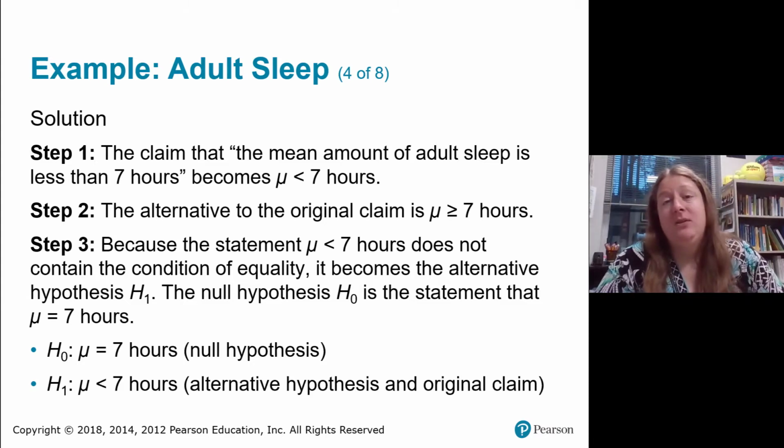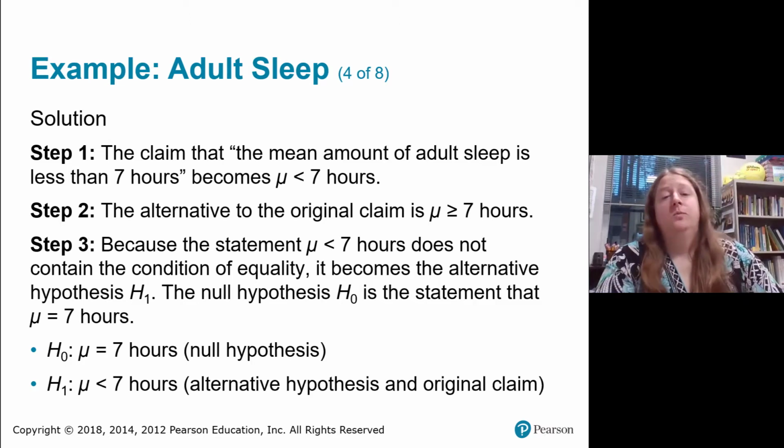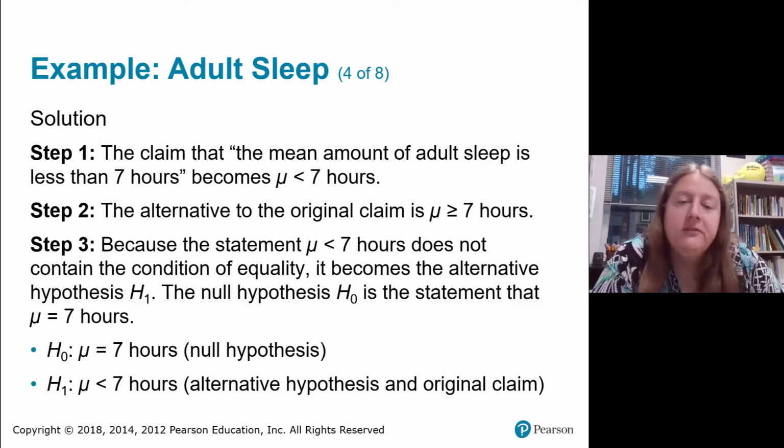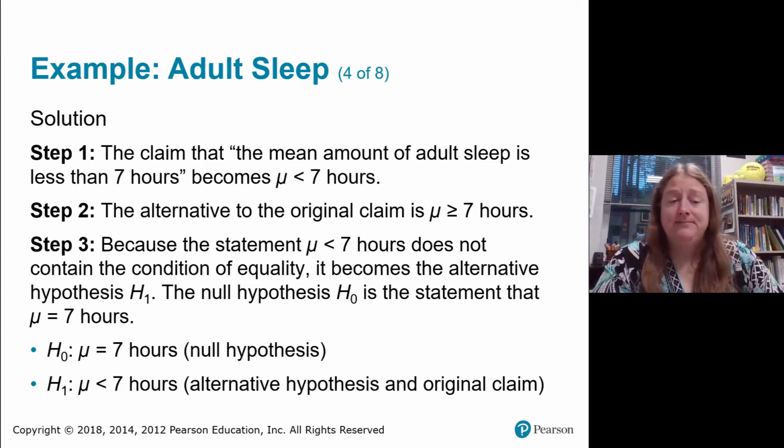Now we have to decide what our null and alternative hypotheses are. We take a look at the two symbolized claims that we have above, and we find the equal sign. It happens to be in the one in step 2. We pull that equal sign out, and we make that our null hypothesis. So our null hypothesis is that the mean is equal to 7 hours.